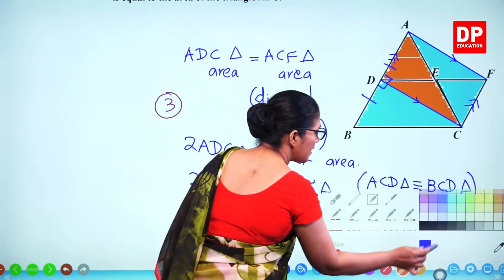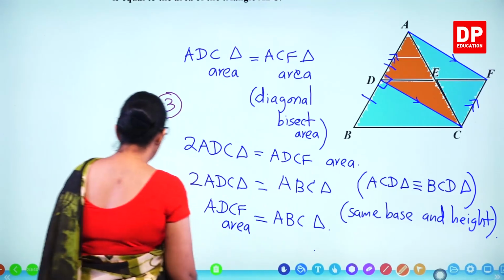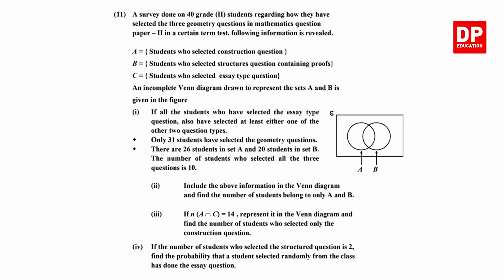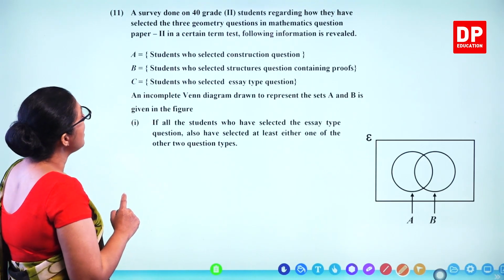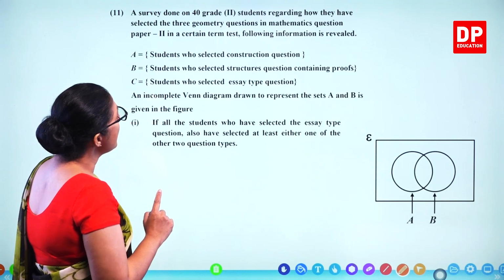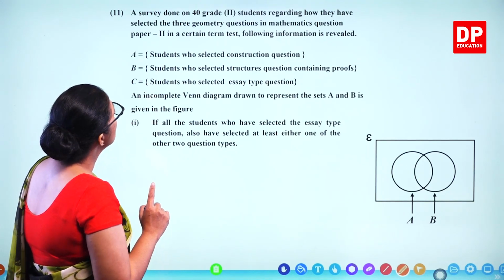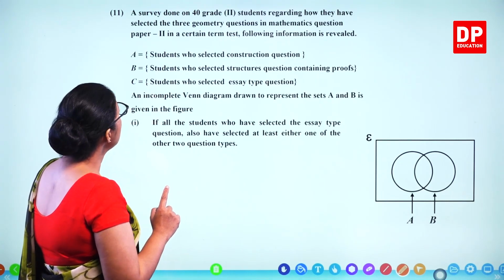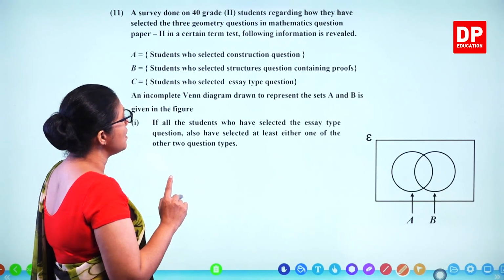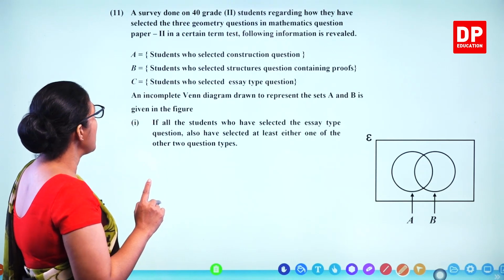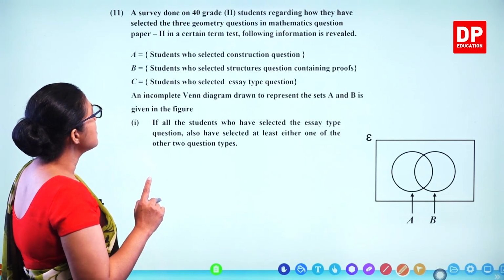So let's take the next question. That's 11th question. That's about Venn diagrams. A survey done on 40 grade 11 students regarding how they have selected the 3 geometry questions in mathematics question paper 2 in a certain term test.